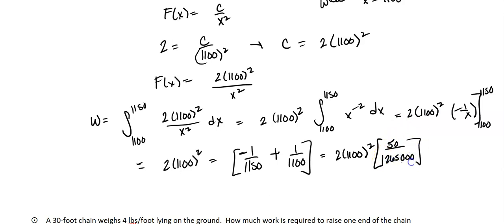That's a big fraction, okay? And then when I multiply that times 2 times 1,100 squared, rounding to 2 decimal places, we get about 95.65, and this unit is mile tons. So it would take that amount of work to propel this object.